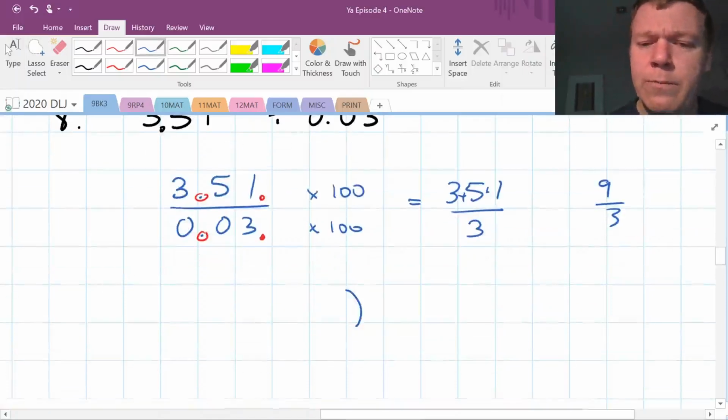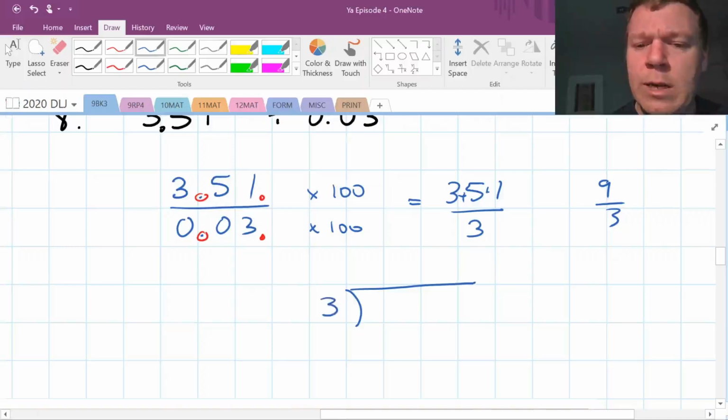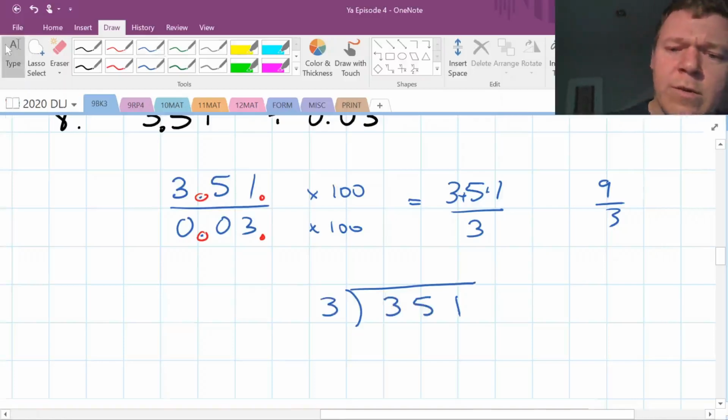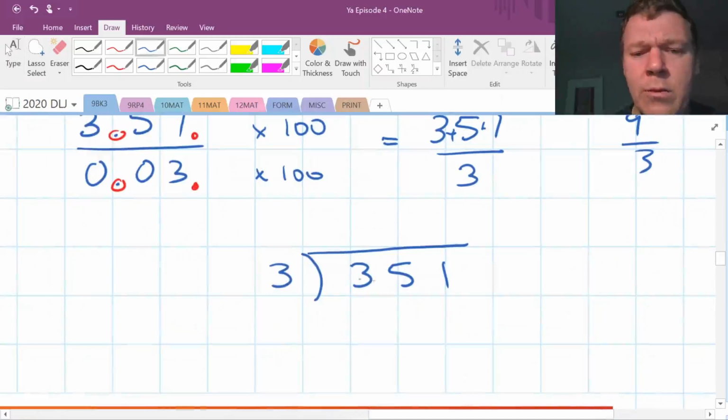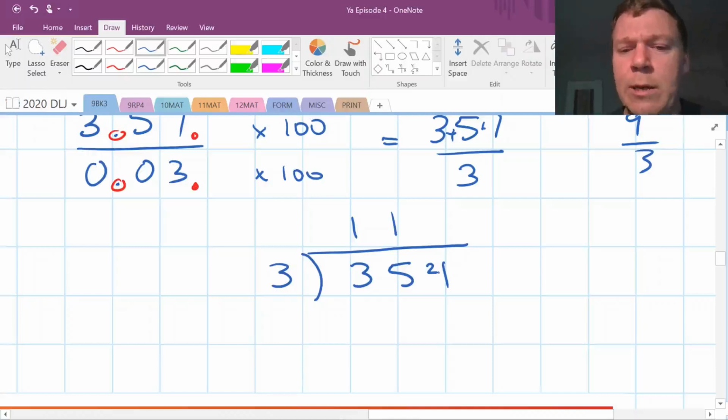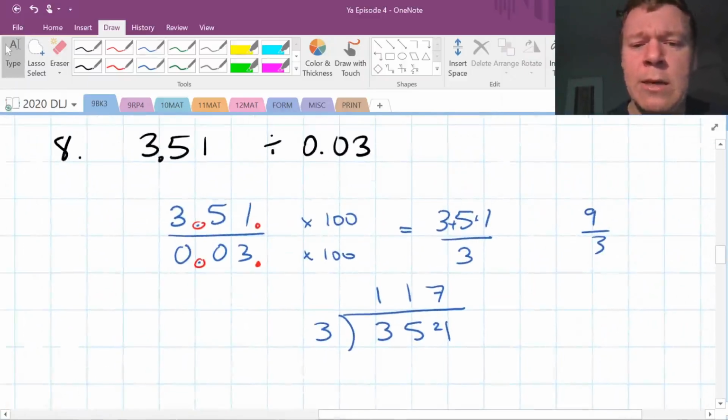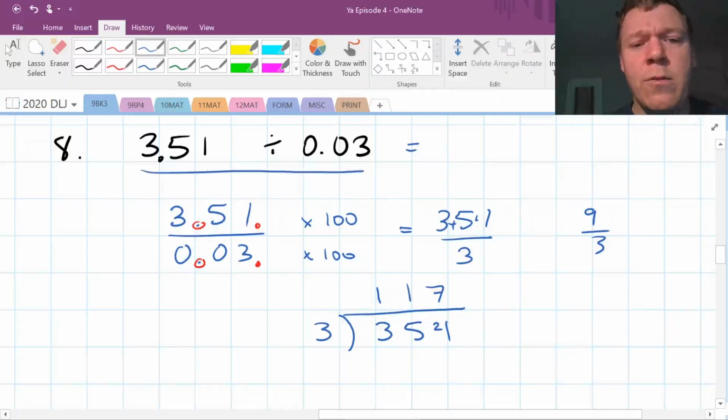So let's do it. 3 goes into 351. That's not really using the squares, Mr. Billy, but you know what. 3 goes into 3, 1 time. 3 goes into 5, 1 time, remainder 2. 3 goes into 21, 7 times. So our final answer is 117. So that's the answer to this.